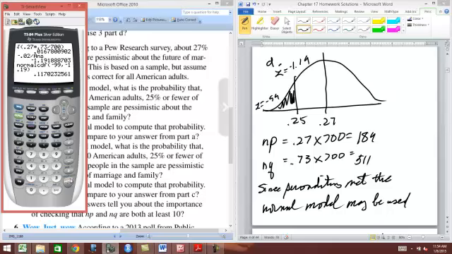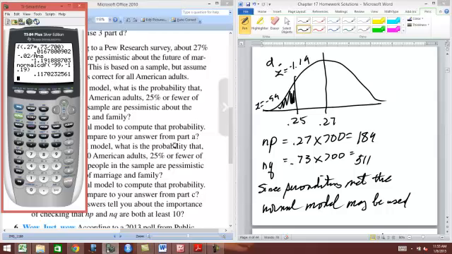Okay, and so that's the probability that 25% or less of the population is pessimistic about the future of marriage. Now both of these percentages, for the binomial and the normal model, are quite a bit smaller than the results we got when the sample size was 20, and that's because there's less variation. The bigger the sample size, the less variation we are going to have.